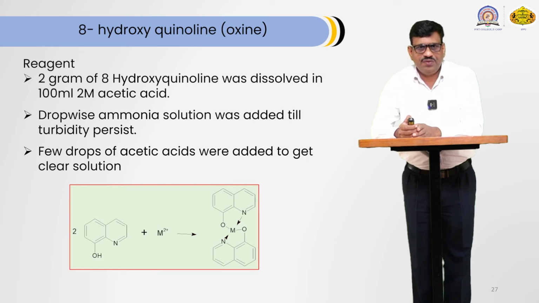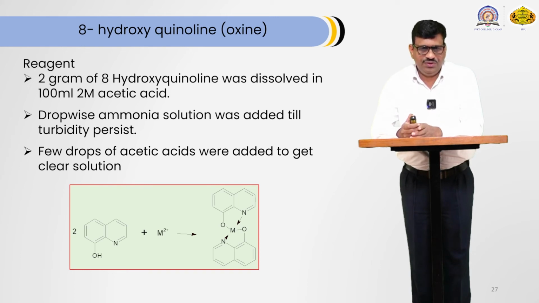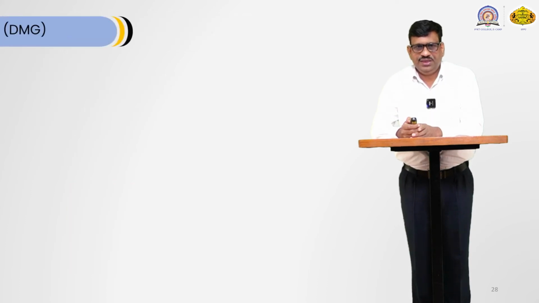This solution of 8-hydroxyquinoline is used to extract the metal ion, in this case M2+, which may be Ca2+, Mg2+, and so on. 2 moles of 8-hydroxyquinoline combine with M2+, forming a metal complex. This complex can be filtered out and the weight of that precipitate taken to find out how much M2+ is present in the solution.